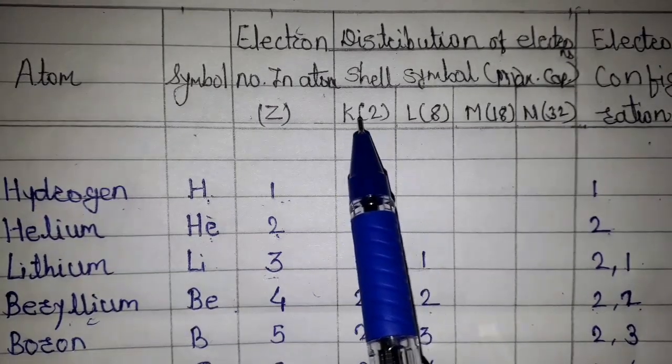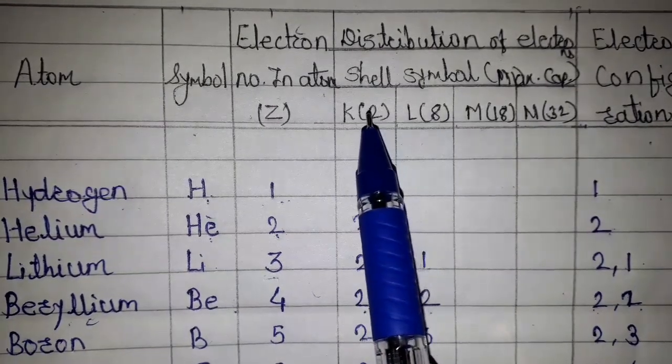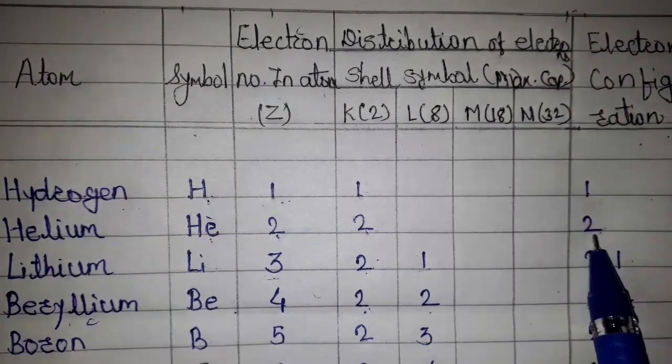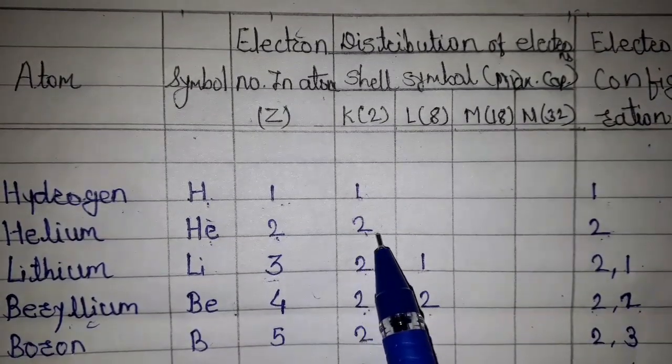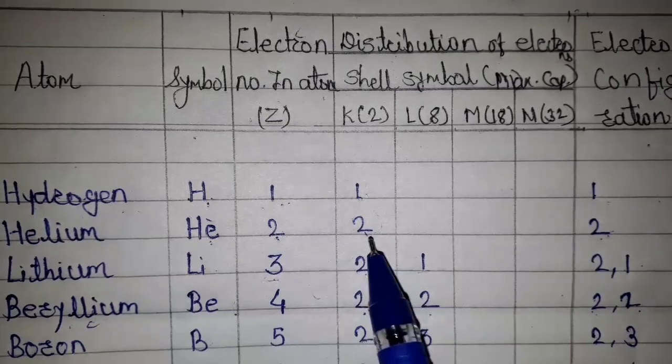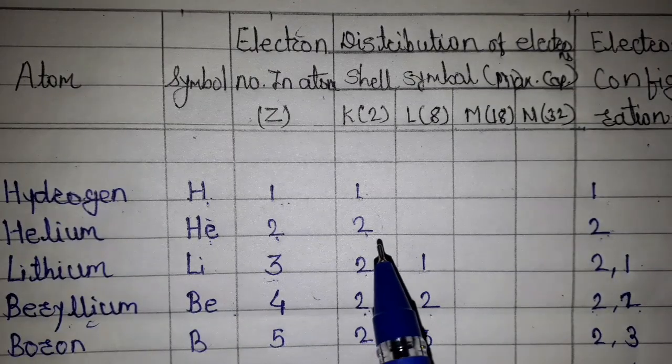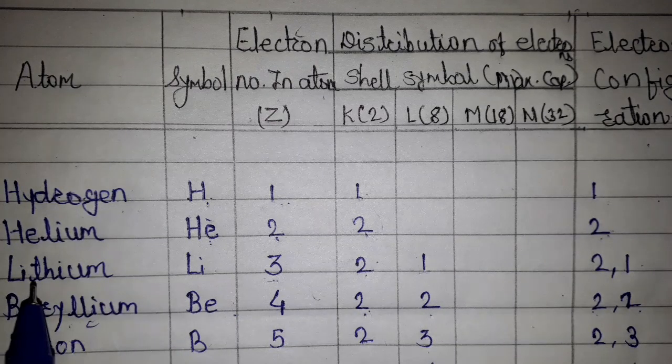As we see, the K shell's capacity is only 2, so the electronic configuration is 2. As helium's first shell is fulfilled, helium is called an inert gas. Okay, we will see it in detail afterward.